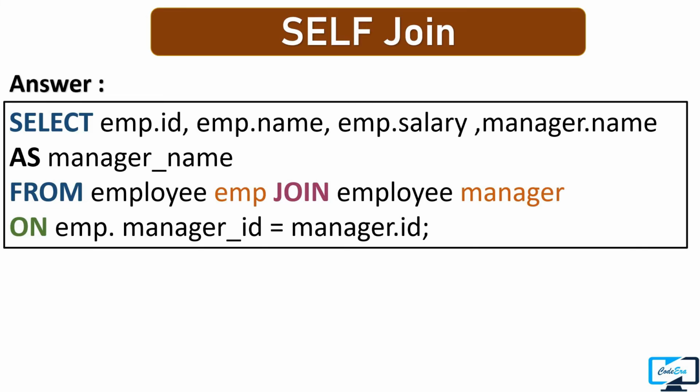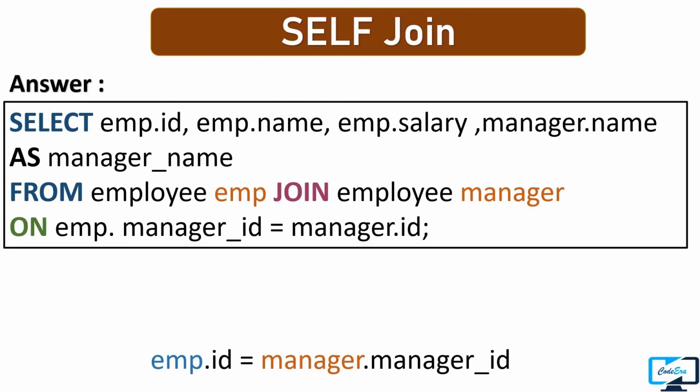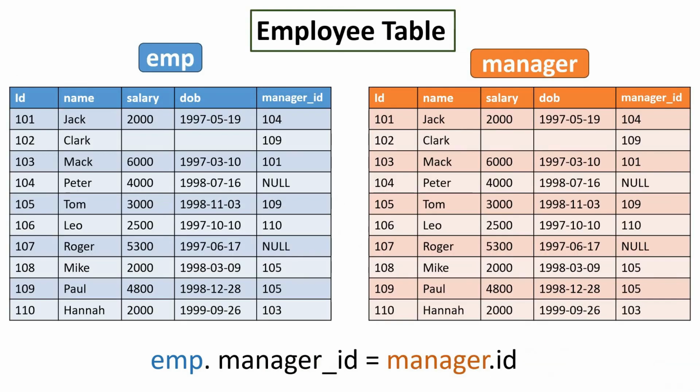So guys, here this join condition is very important. If you write emp.id equal to manager.managerID like we did in our last query, then you will get an incorrect output. Now first let's see how this query will work. It will compare the manager ID from the EMP table with the ID column of the manager table.